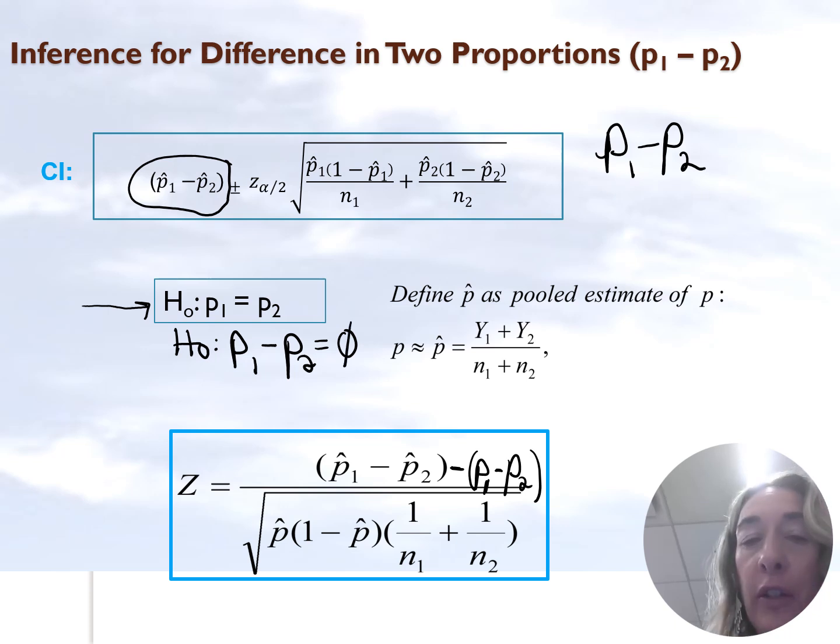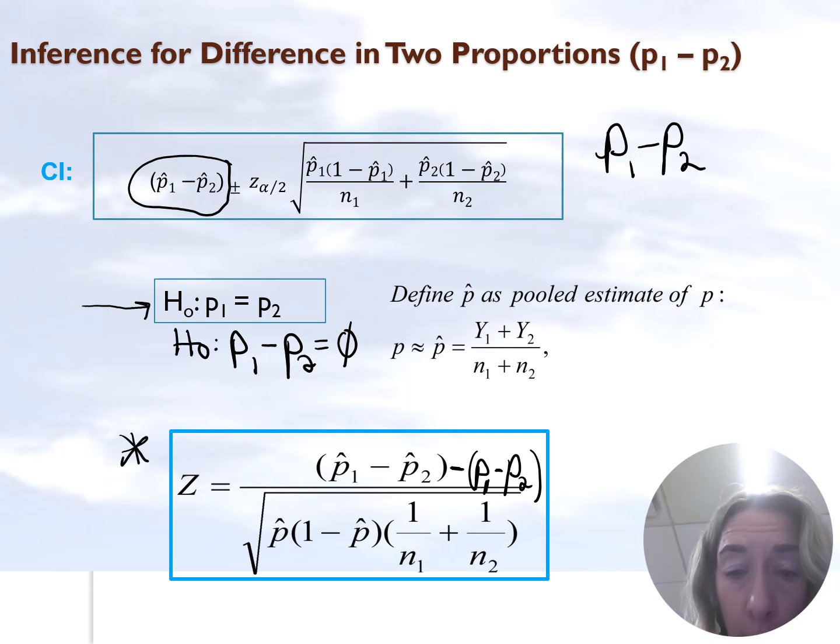So in other words, there is no hypothesized difference in the two population proportions. I'm going to call your attention first to the z random variable, or the z test statistic, that we're going to use for inference on two proportions.